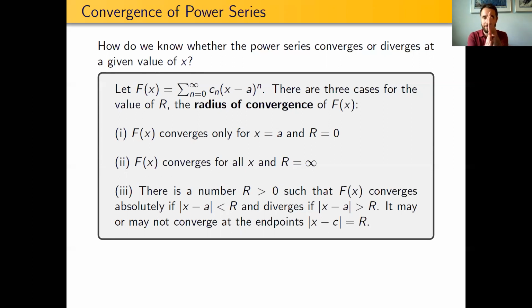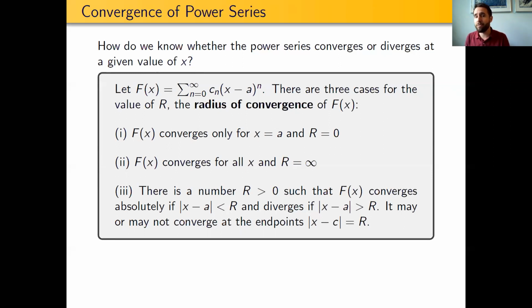So in this case, we have a value a, we have a finite radius of convergence r, so we go out r distance in each direction, and then within this interval, our series converges absolutely, while outside the interval, our series diverges. At the 2 endpoints, our series may or may not converge. We would have to examine each endpoint separately.